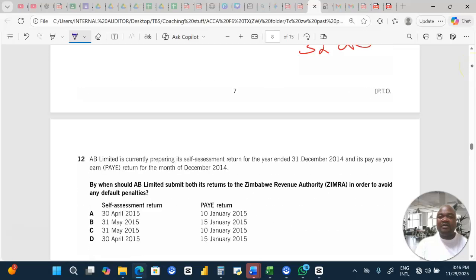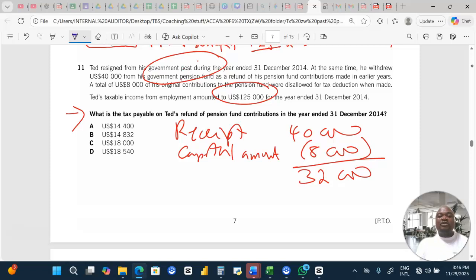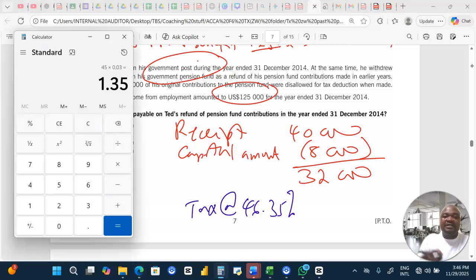So tax at that, we said 45% plus 1.35, so it comes to 46.35, because now this one includes the AIDS levy. So let's do the computations. That's 32,000 multiplied by 46.35.